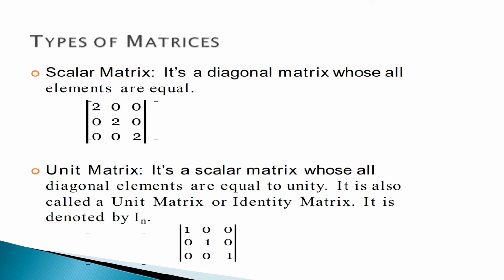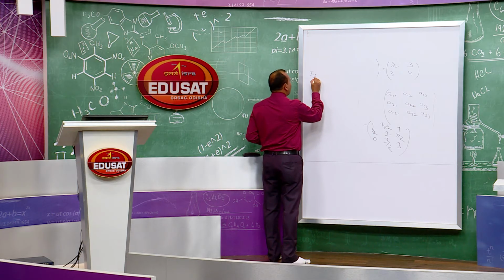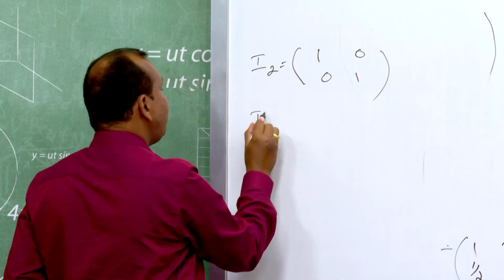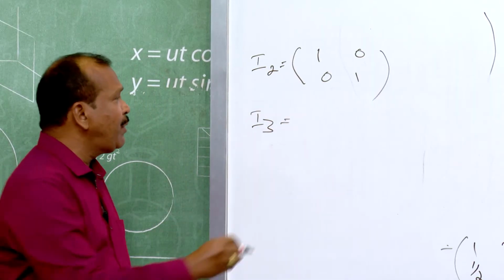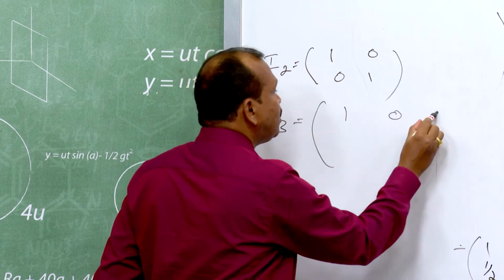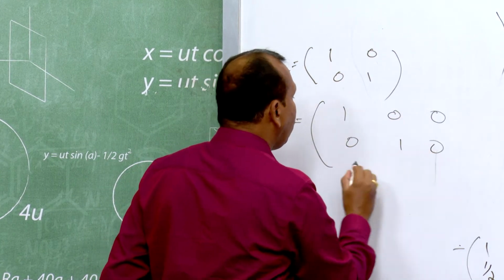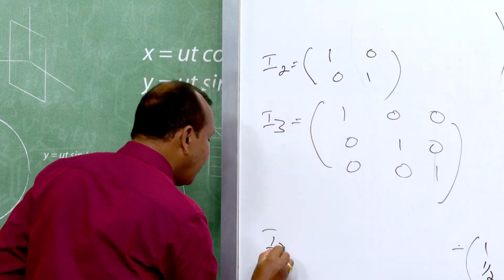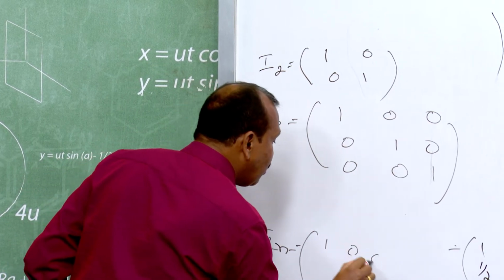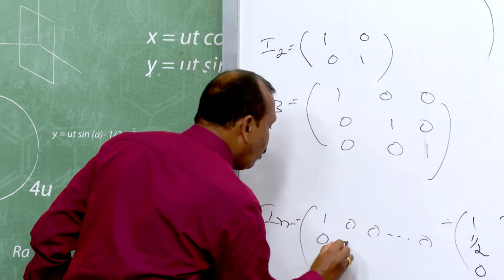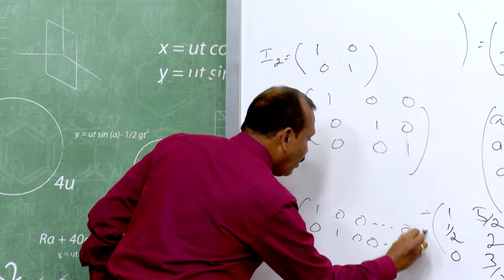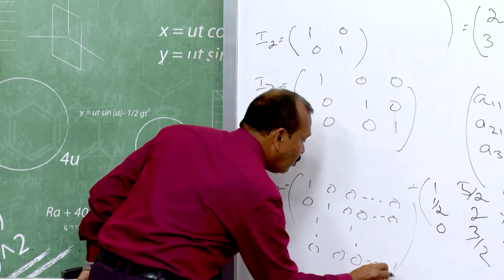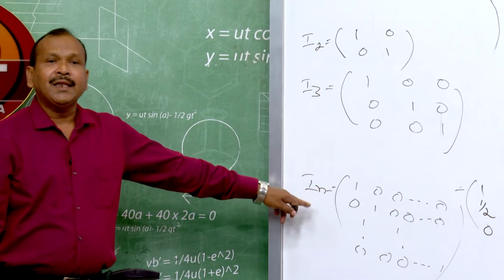I2 becomes 1, 0, 0, 1. I3, the unit matrix of order 3, becomes 1, 0, 0, 0, 1, 0, 0, 0, 1. Similarly, In becomes 1, 0, 0 up to 0, 0, 1, 0, 0 up to 0, and so on, down to 0, 0, 0 up to 1. This is the nth order unit matrix.